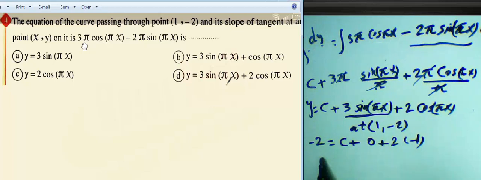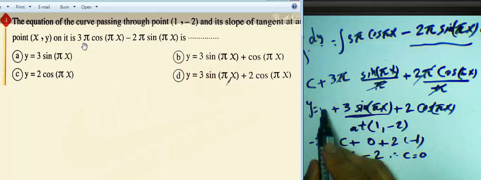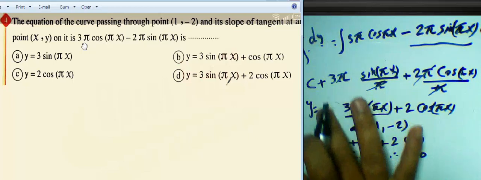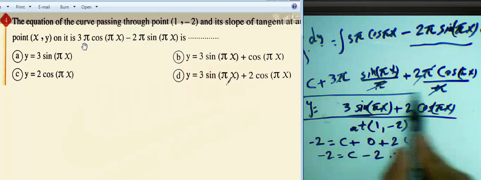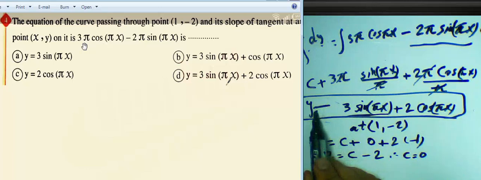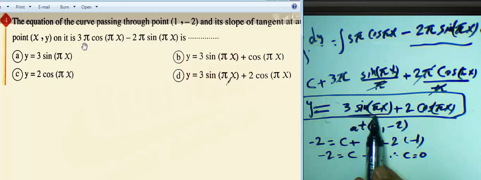The result will be -2 equals constant minus 2, then the constant will be equal 0. We get the constant, so we can cancel it, and the equation is y equals 3 sin x plus 2 cos x. Coefficient here 3, coefficient here 2.